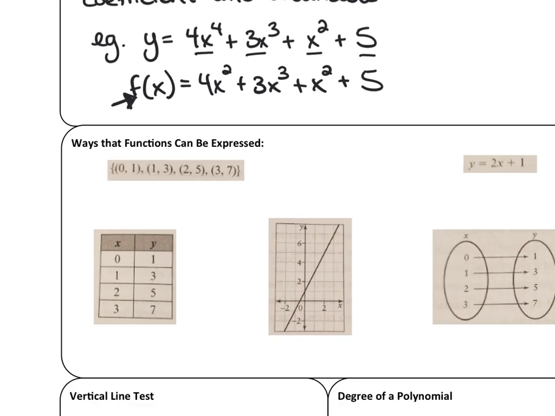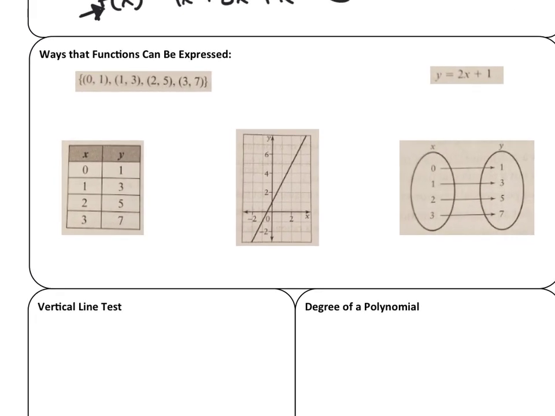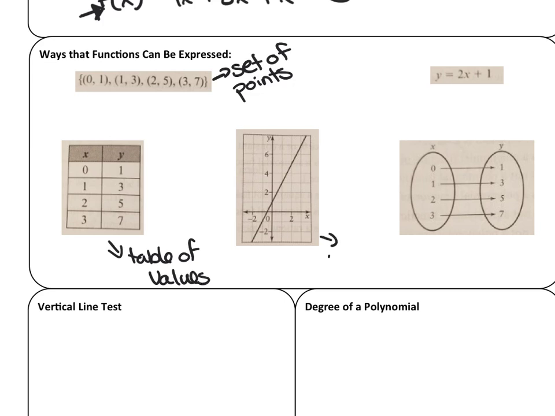There's a couple different ways that your polynomial function can be expressed, and I just want to quickly go over those. You could have your function expressed as a set of points. You can have it as a table of values. It can be in graph form, and we're going to get into more of that.